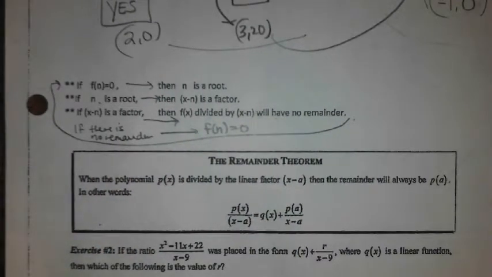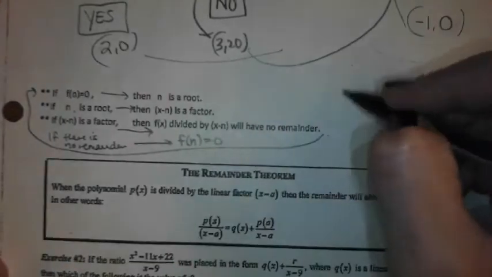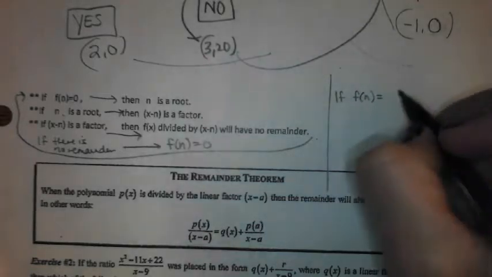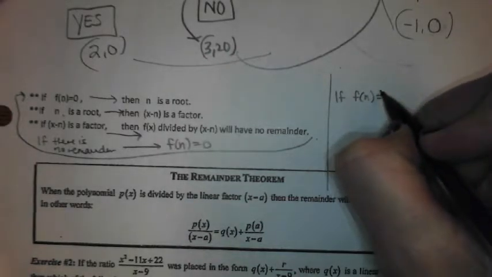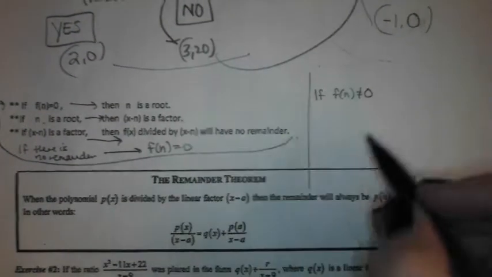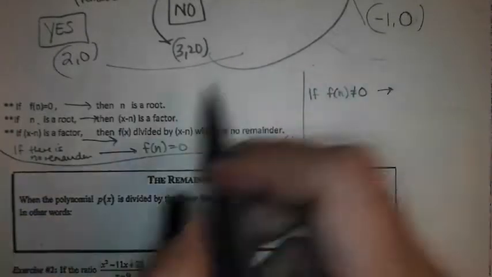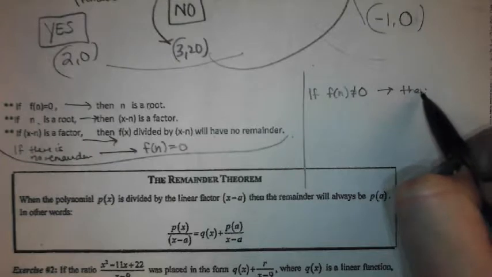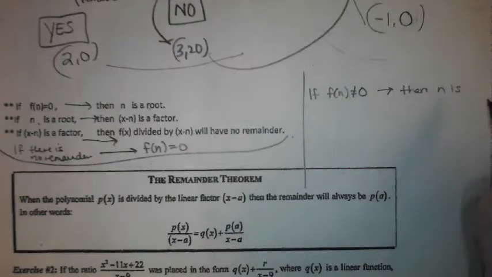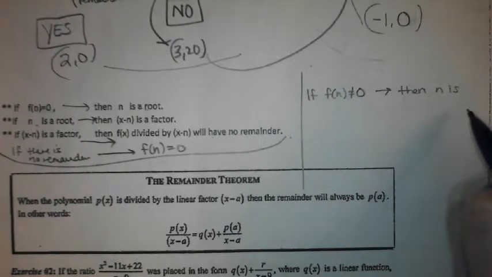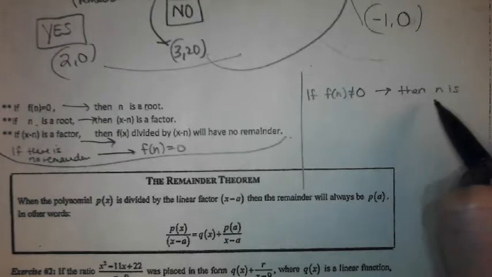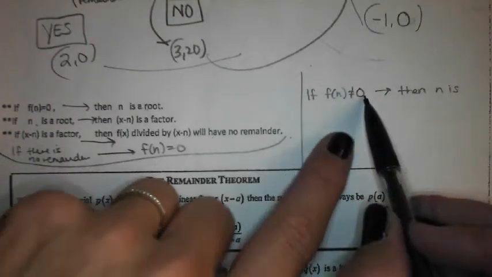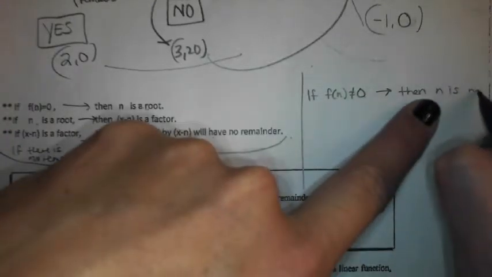If f of n was just a number, let's write this down. If f of n does not equal 0, then n is what? What would be the equivalent statement here? Then n is not a root, right? If f of n does not equal 0, then n is not a root.